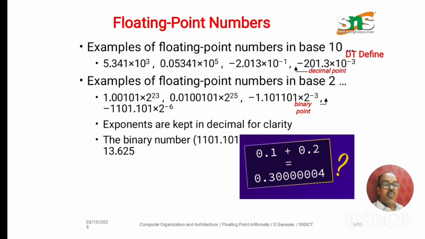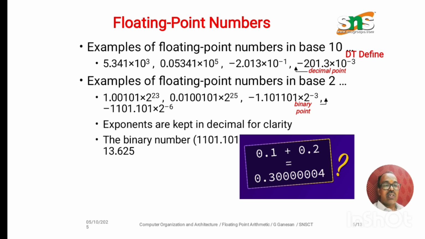One is the 32-bit floating point binary number, another is the 64-bit floating point binary number. What is meant by 32-bit, 64-bit? The total number of bits is 32, so it's called a 32-bit floating point number. We represent a floating point number in 64 bits is called a 64-bit floating point number.